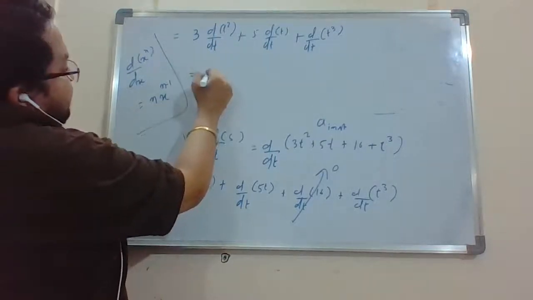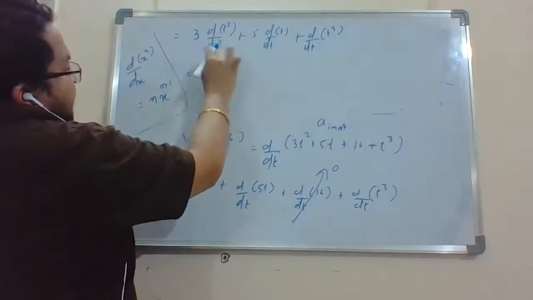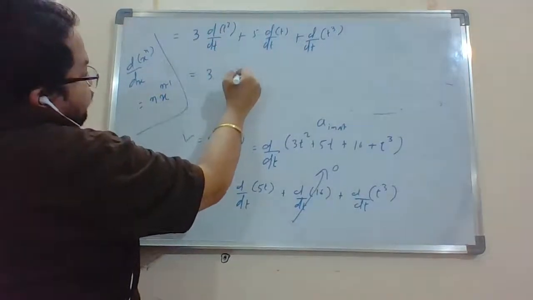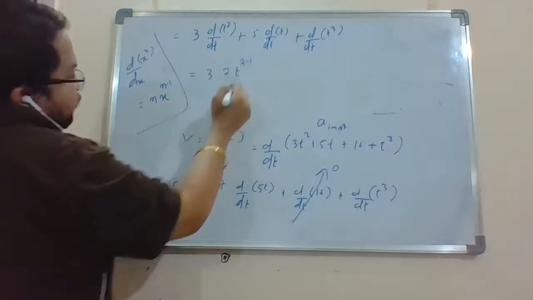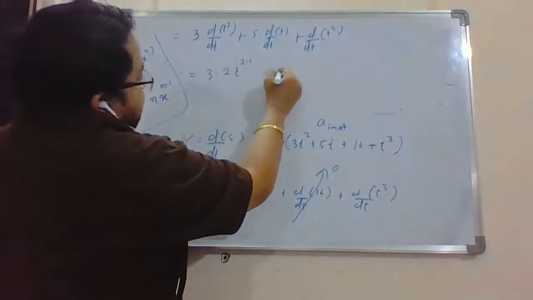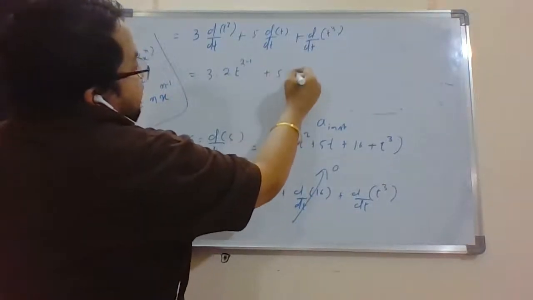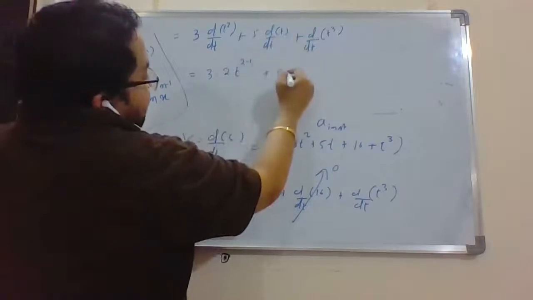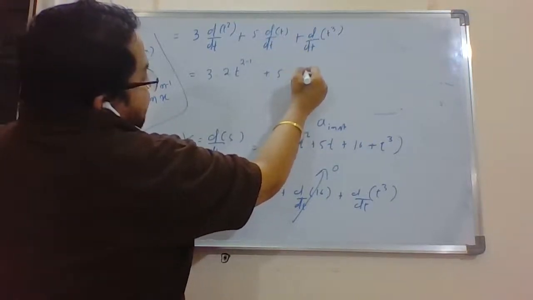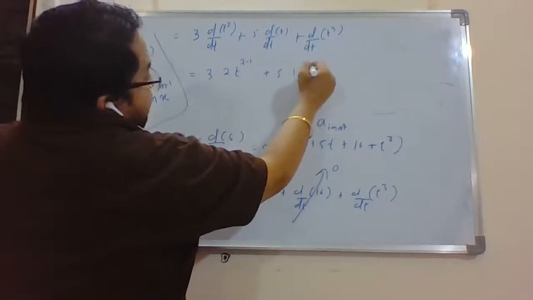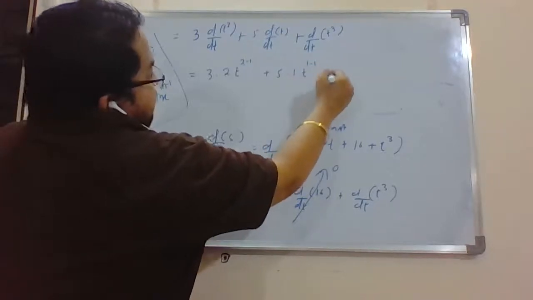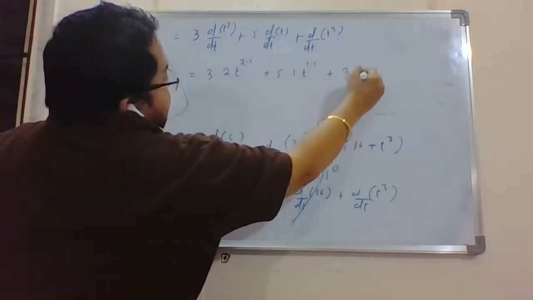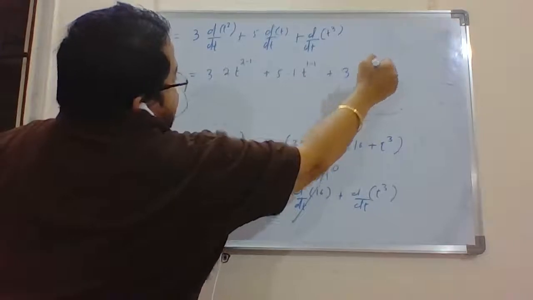So this is nothing but 3 into 2t to the power 2 minus 1, plus 5. Here the power is 1, so this is 1 t to the power 1 minus 1, plus 3 t to the power 3 minus 1.